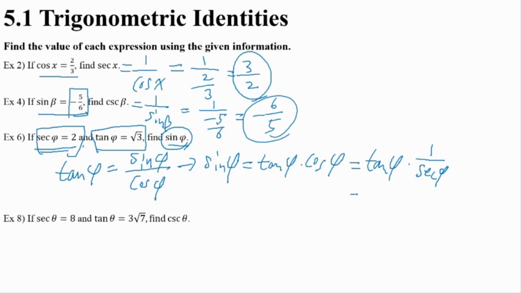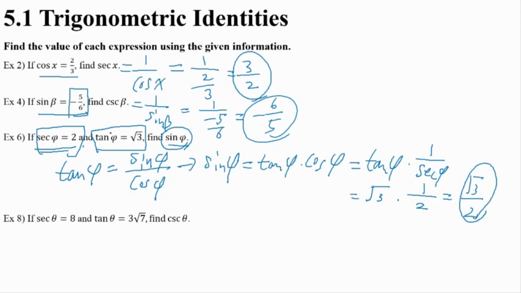Then simply plug in. Tangent pi is square root 3, and secant is 2, so 1 over 2. Finally, square root 3 over 2. That's the answer.